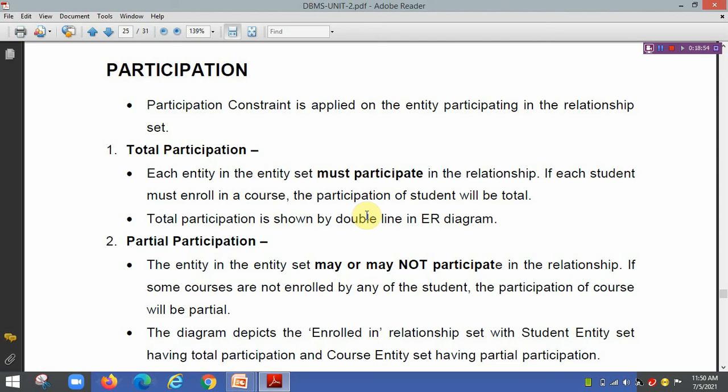That means the student enrolls in the course. This is compulsory. Students are enrolling in the course, and after that they will study full time.